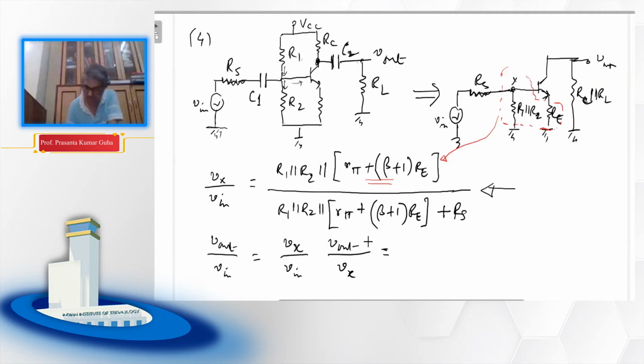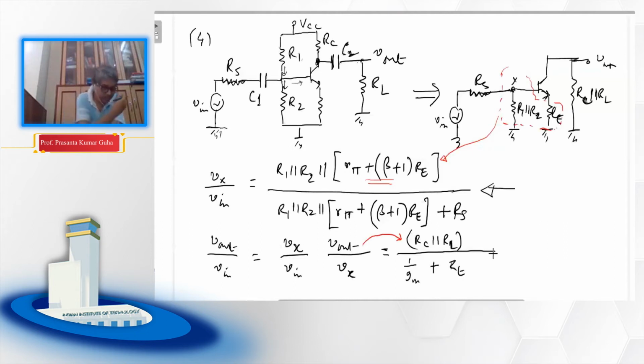What is that V out over Vx? V out over Vx is RC parallel RL, right? This particular term I am writing here: RC parallel RL divided by 1 by Gm plus Re.